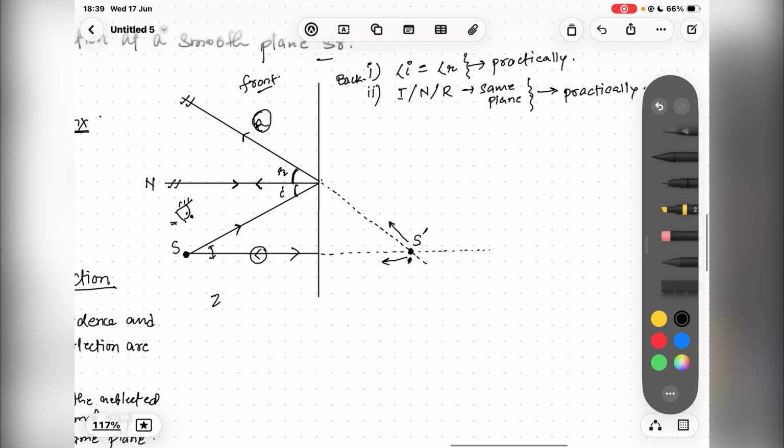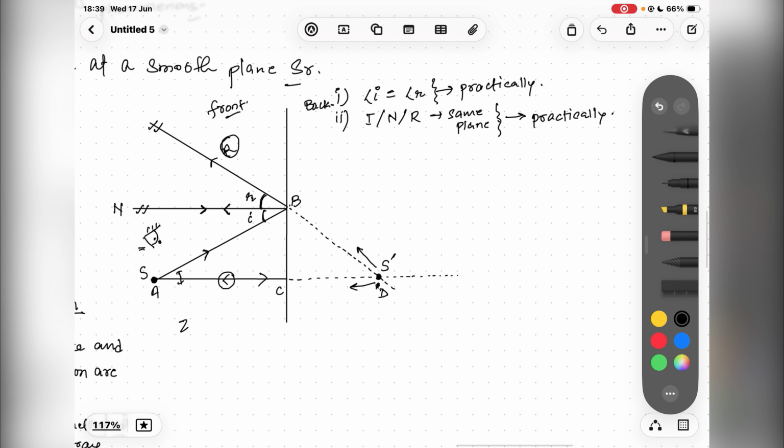Now let's say this point is A, this point is B, this point is C, and this point is D. Then it is proven in geometry that triangle ABC is congruent to triangle BDC.